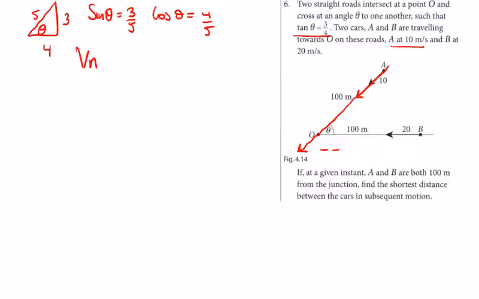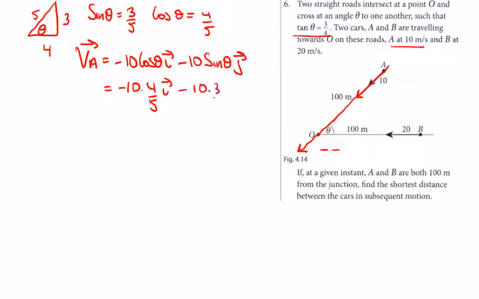So the velocity of A is equal to minus 10 cos theta in the I direction, minus 10 sine theta in the J direction, which is equal to minus 10 by 4 over 5 in the I direction, minus 10 by 3 over 5 in the J direction, which is minus 8I minus 6J. That's my velocity of A.